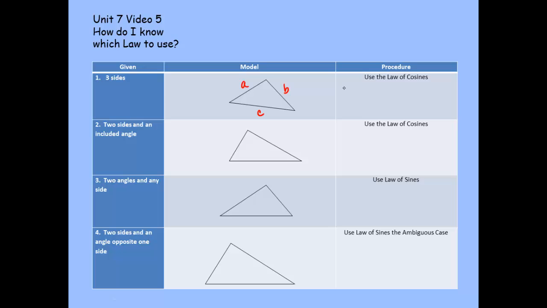So in this case, the way I've drawn the picture, C is the longest side. So it'll be C squared equals A squared plus B squared minus 2AB cosine of C. So the first thing that we would find is the cosine of C. We'd find angle C.